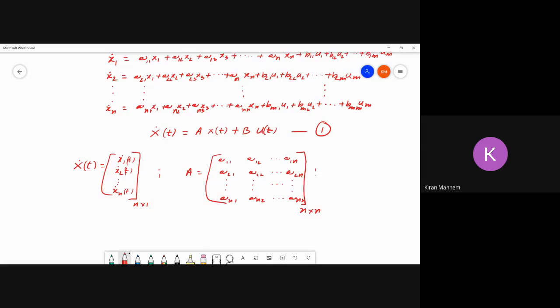Similarly, u of t. So u of t is equal to u1 of t, u2 of t till um of t. Since you have m inputs, this is m by 1 matrix.